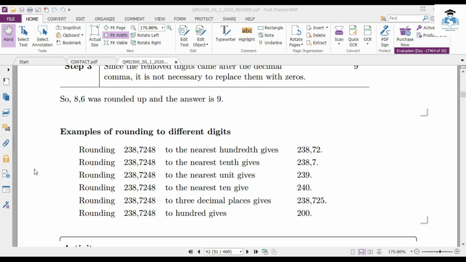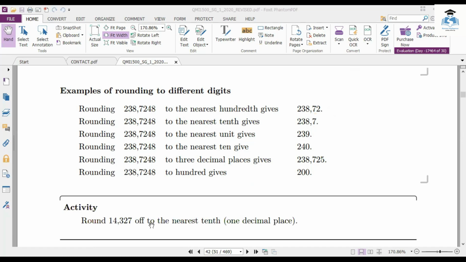All right. So round off to the nearest 10th, 1 decimal place. Any to try? Fourteen comma 32.